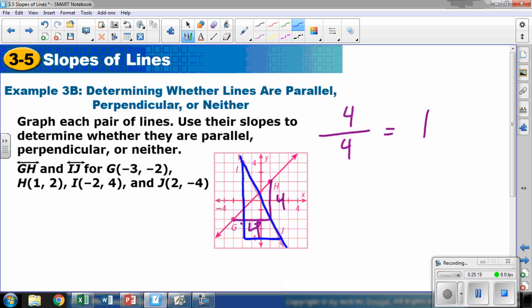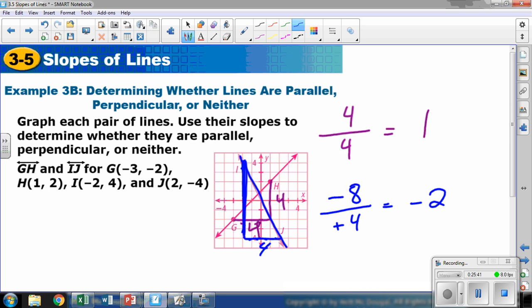Here we have 1, 2, 3, 4 for the run, and 1, 2, 3, 4, 5, 6, 7, 8 for the rise. But since it was down 8, we'd have a rise of down 8 and a run of right 4. That would be negative 2.